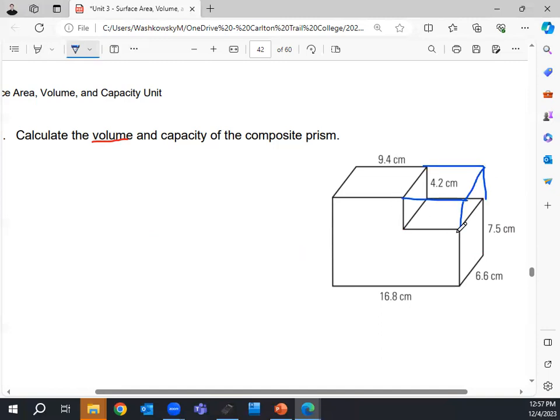So find the volume of the whole rectangular prism, and then just take away what this part is. I could do it that way too. So there's 3 different ways you could find the answer to this. All of them are acceptable. All should give you the right answer.